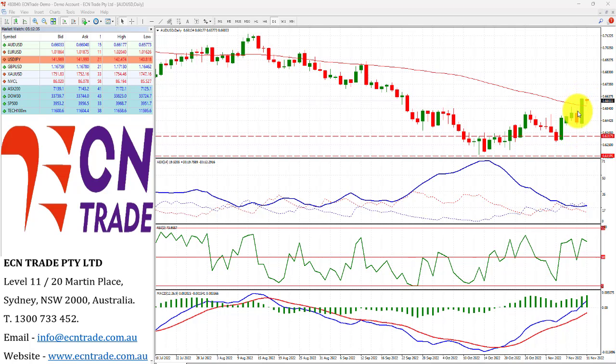An engulfing candle takes out this 60-day moving average and now looks towards a potential target at this stage of 67 to 67.5. Any pullback, as long as we maintain above the level of 65.15, which is around where that 60-day moving average is.